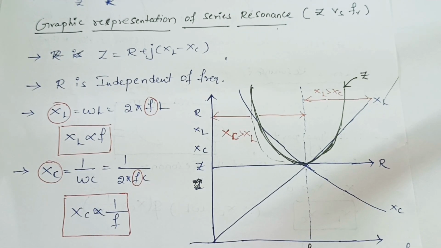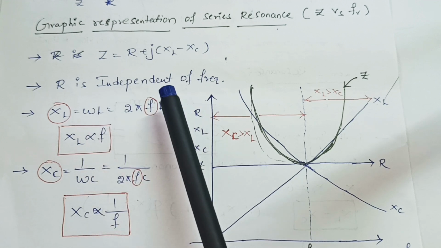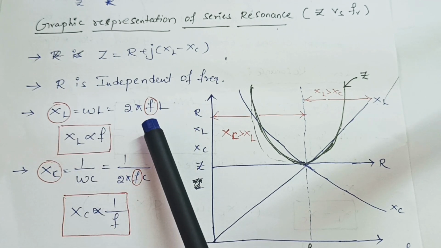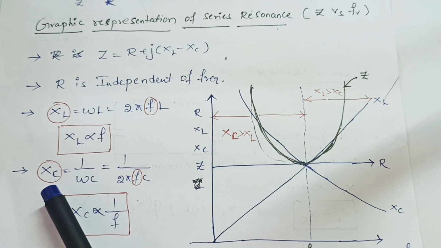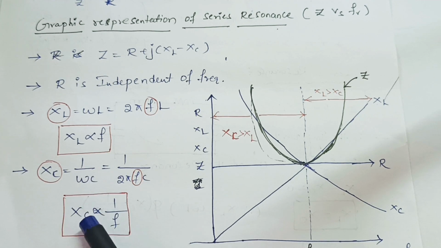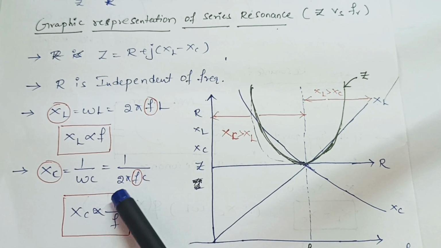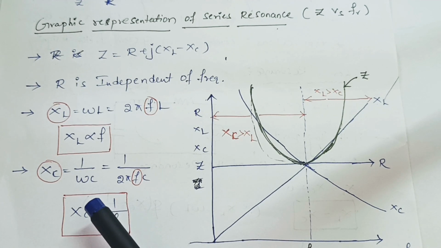So R is independent of frequency, that is the first point; XL is proportional to frequency, second point; and XC, the capacitive reactance, is inversely proportional to frequency. These are the 3 points. From these 3 points, we need to draw the total graphic representation of series resonance.